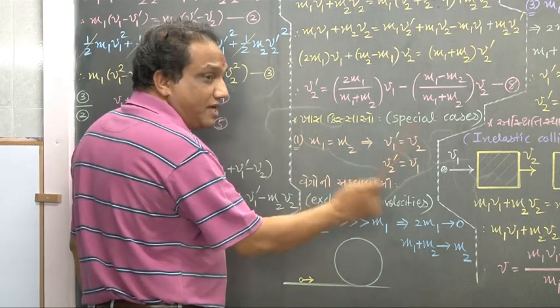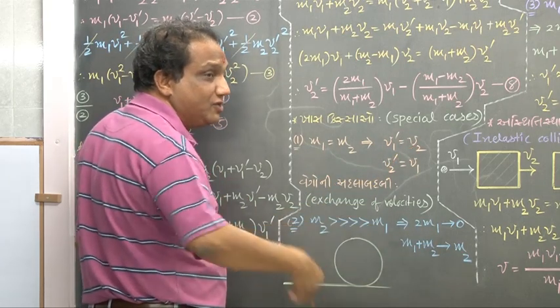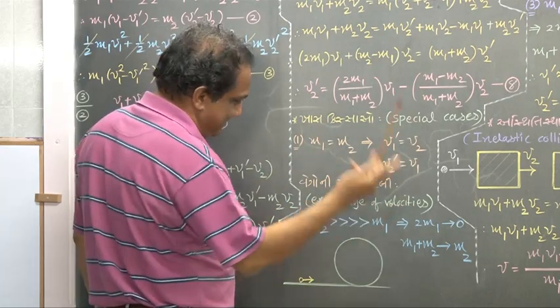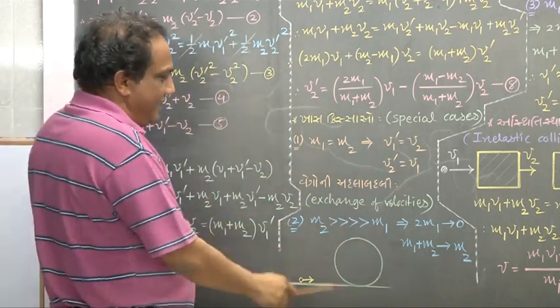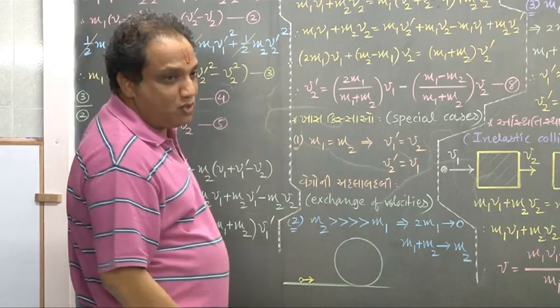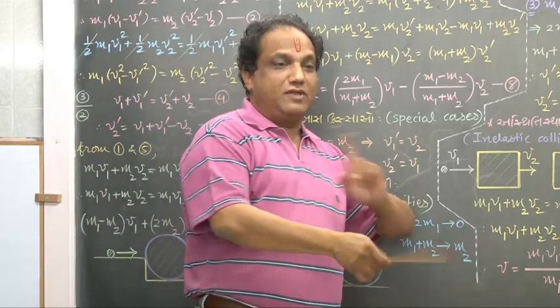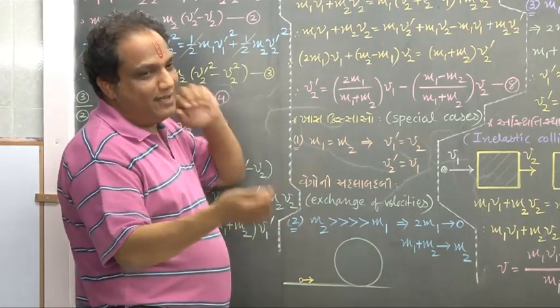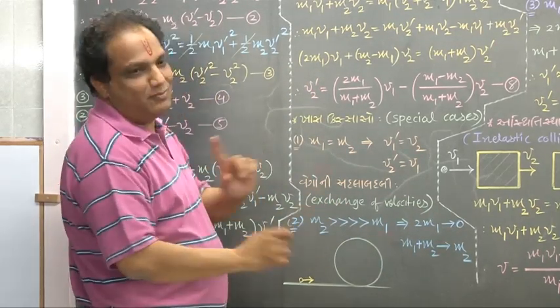Whatever was the initial velocity of the second body, that body had given that velocity to the first body. So you can say there is a mutual exchange of velocities.